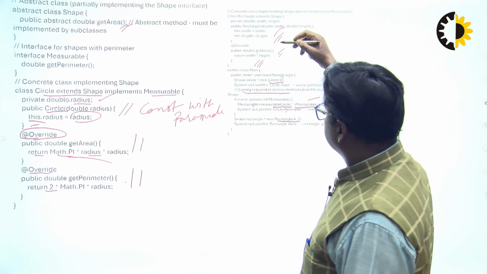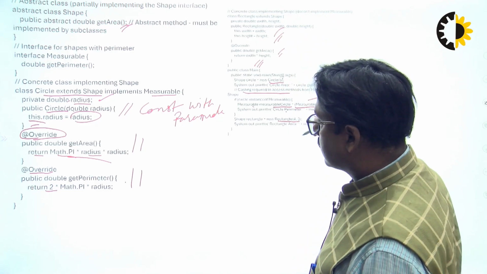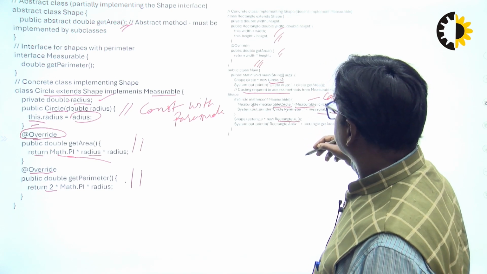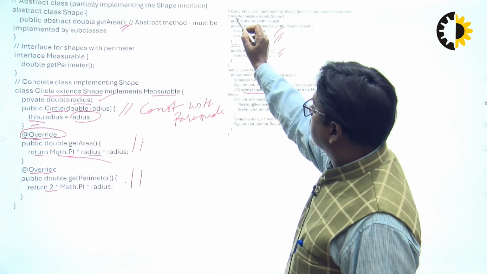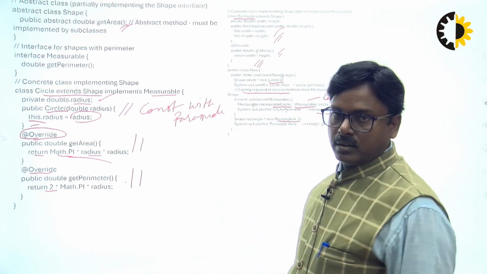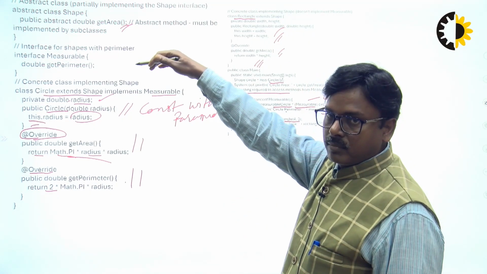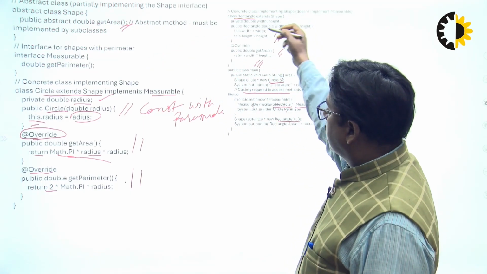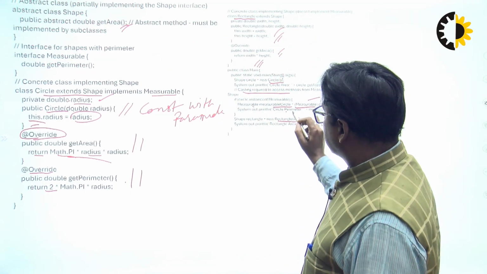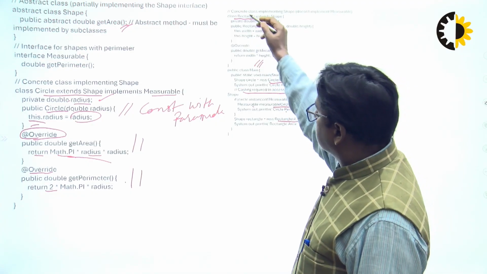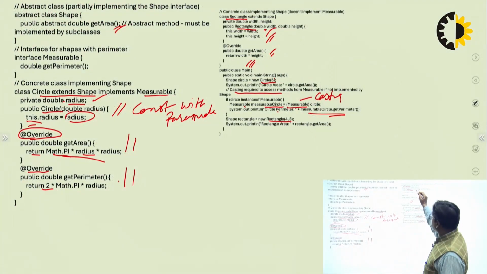You can see this Rectangle class extends Shape, and in this class a constructor has been created with two arguments or two parameters. That's why two parameters have been used here for the constructor.